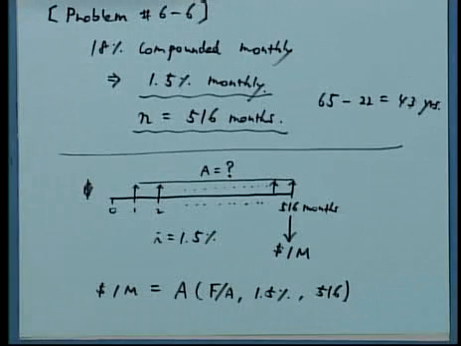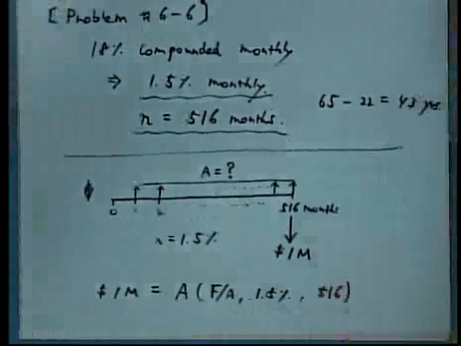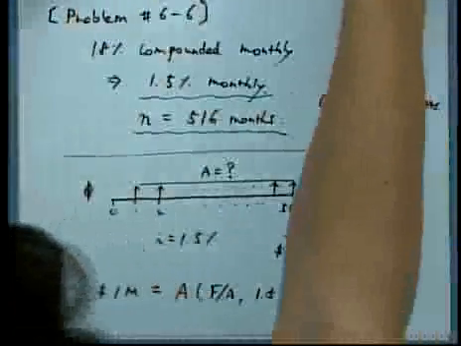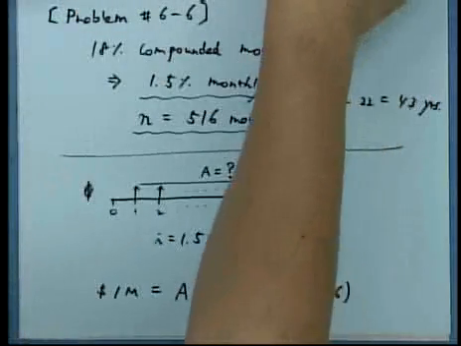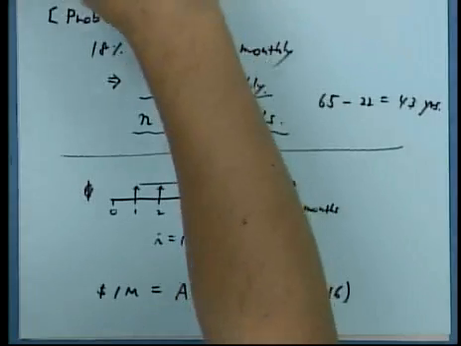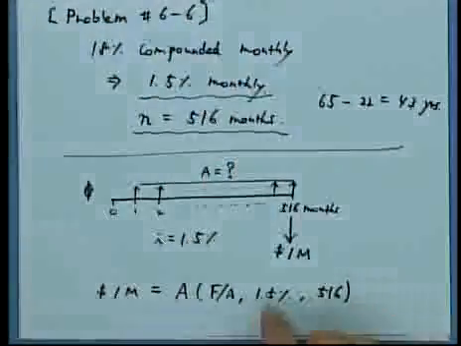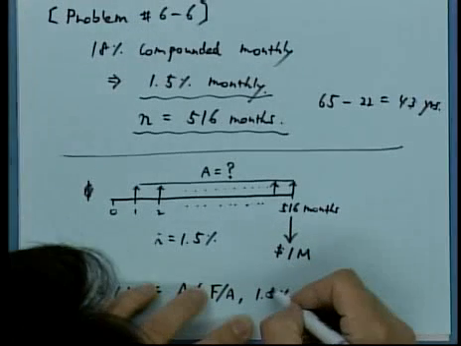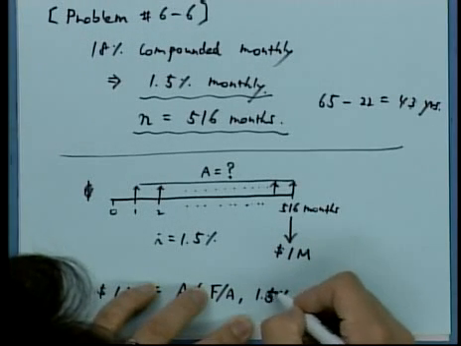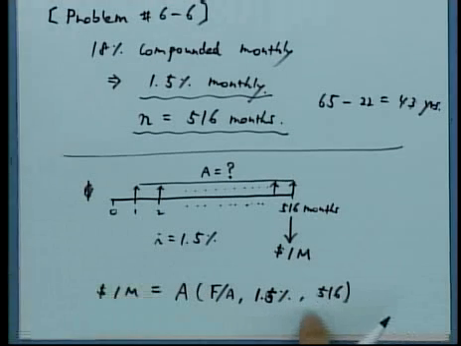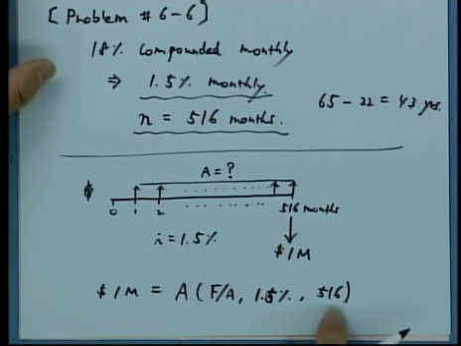Okay? So what is this table value? So for the 1.5%, F given A over 516 periods.